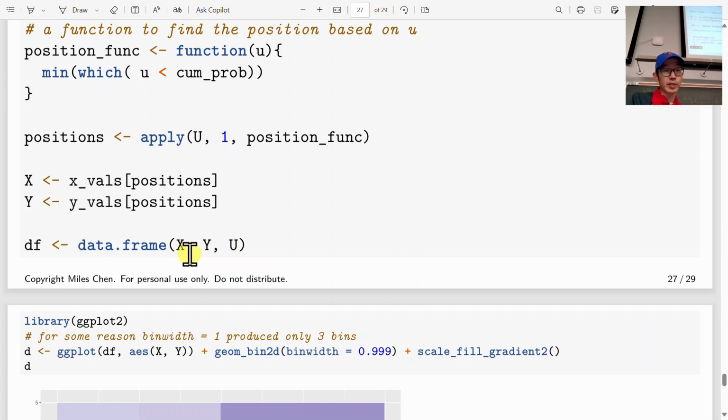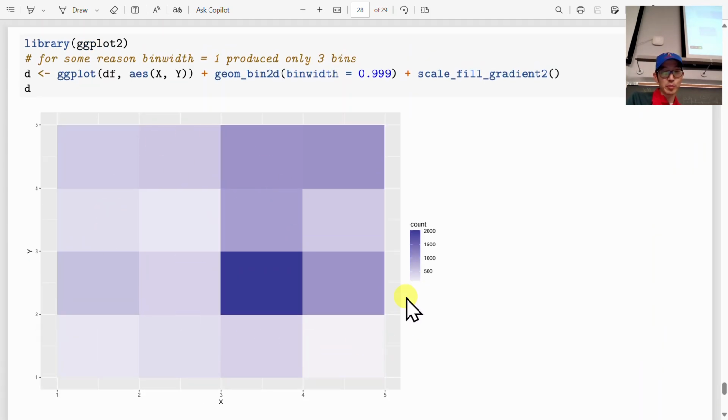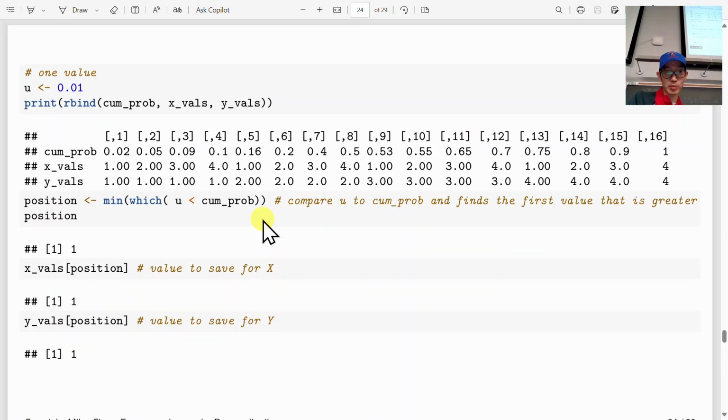I'll create a data frame of all of those x and y values. This is the resulting plot of everything. What is this? This is values of 2 and 3, x, 1, 1. So 3, 2, is that the highest probability? I didn't even notice.